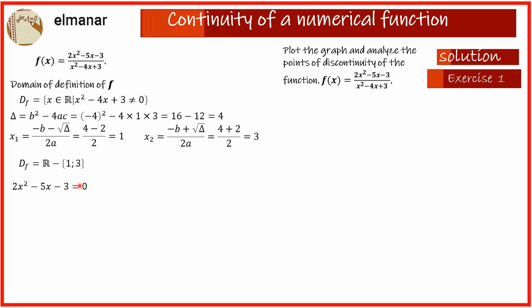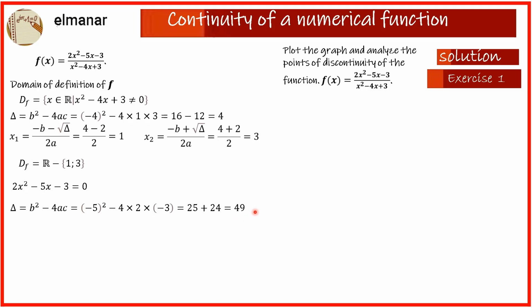Let's go back. 2x squared minus 5x minus 3, and once again, we compute a discriminant. a is 2, b is minus 5, c is minus 3. Delta: minus 5 squared is 25, and minus 4 times 2 times minus 3 is plus 24.